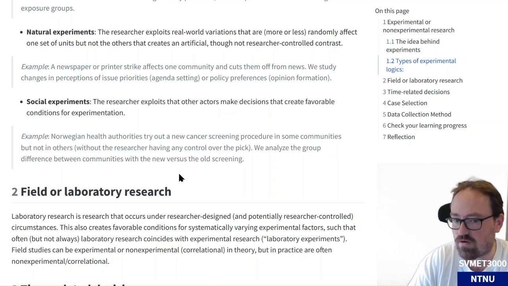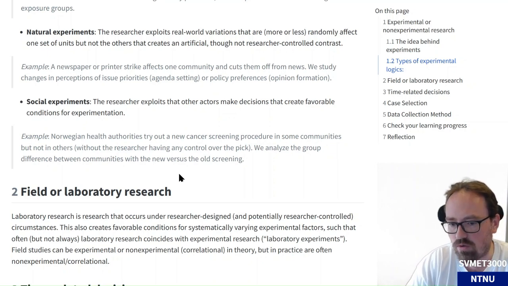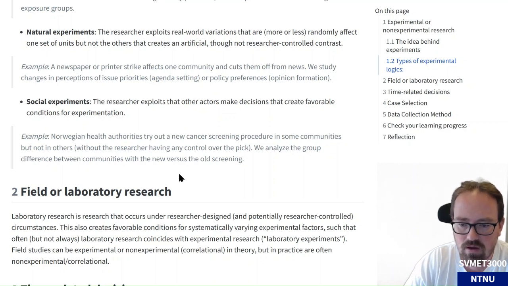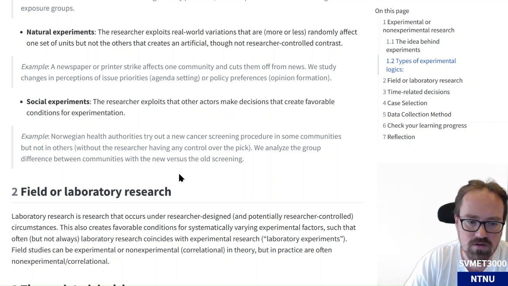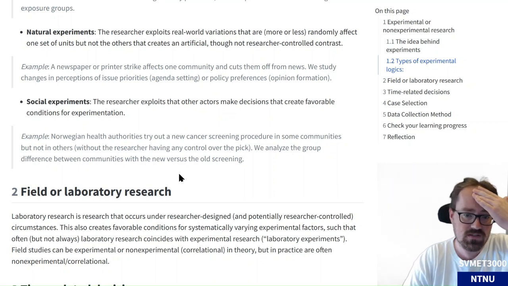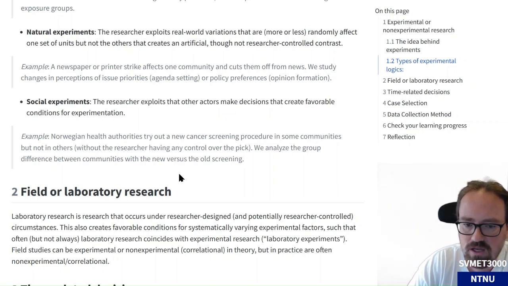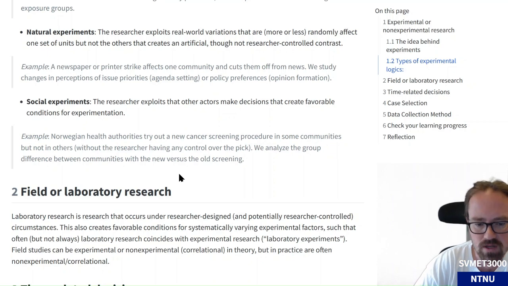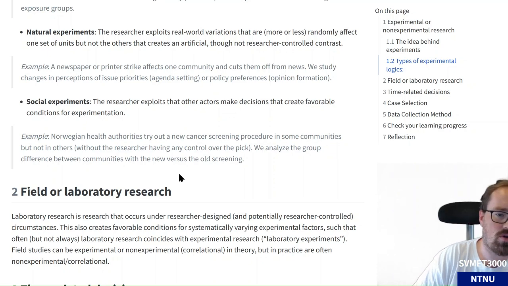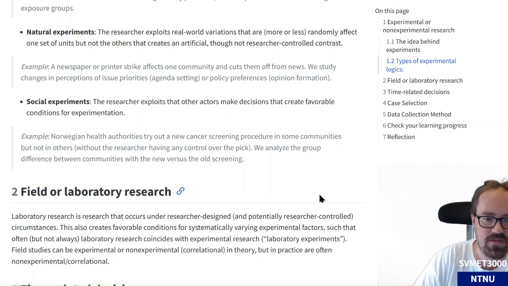The researcher here has no control over the pick but knows what will happen. Then the researchers can analyze the group differences between the communities with the new versus the old screening procedure. It's also good causal evidence, but also not the same thing as the classical experiment.